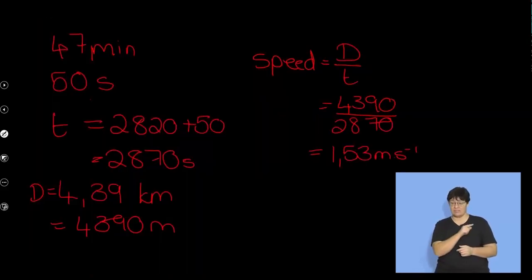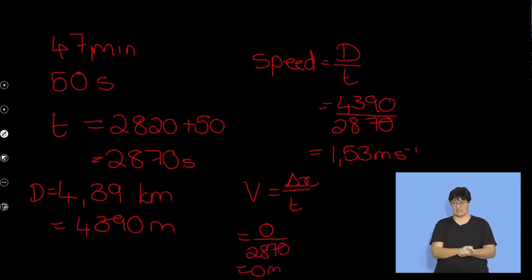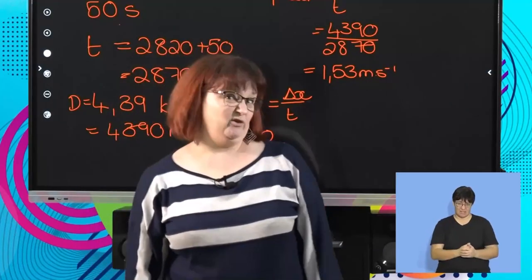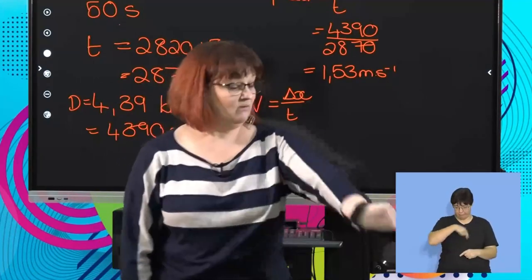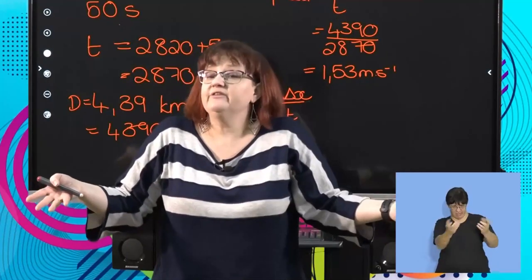Because if I now go here and go, well, her velocity, which is a v, is going to be her change in displacement over time. Oh dear, she didn't go anywhere. So she went 0 for 2,870 seconds. She didn't do anything. This is why I don't run races, because you run all this stuff, get to the finish line, and according to science, you have no average velocity.